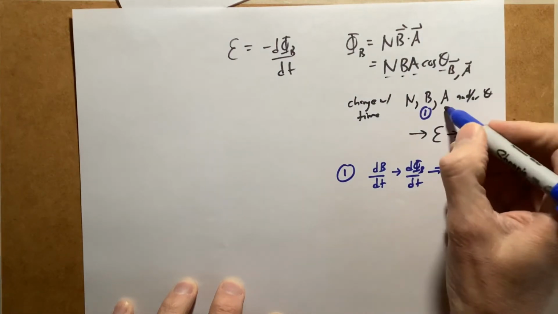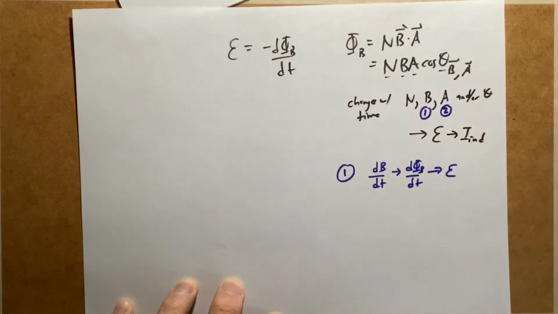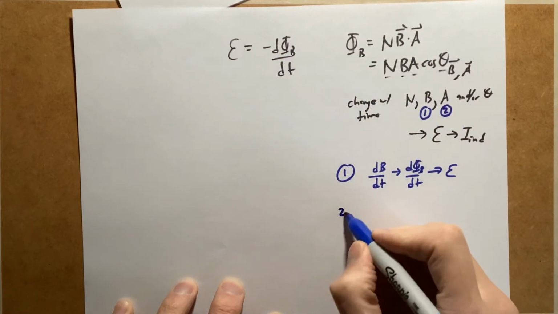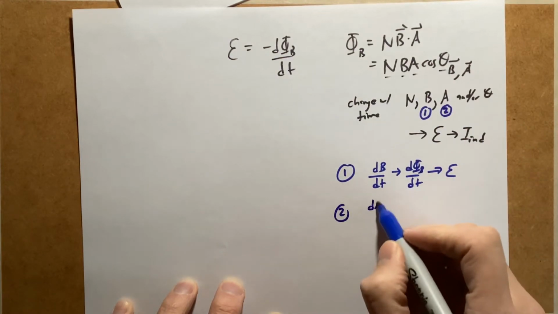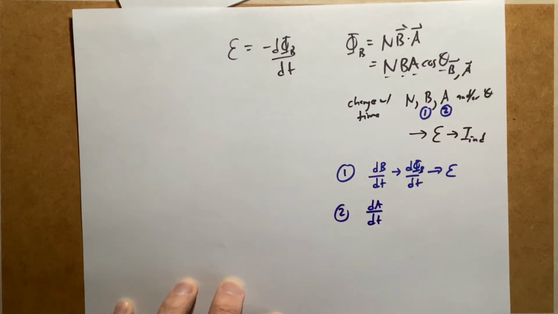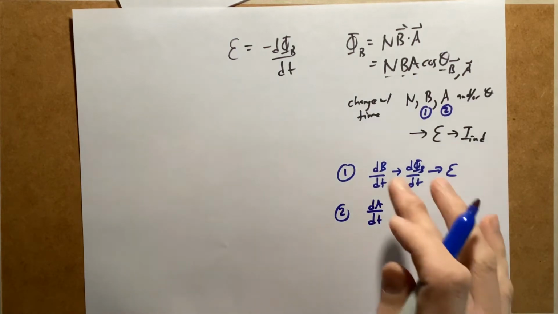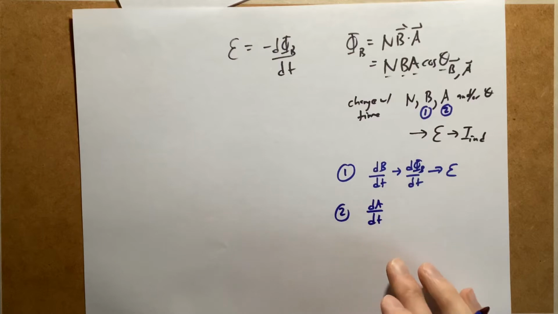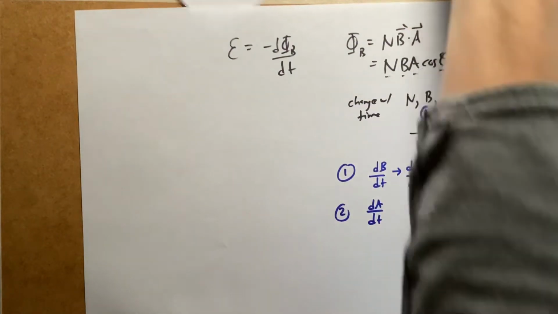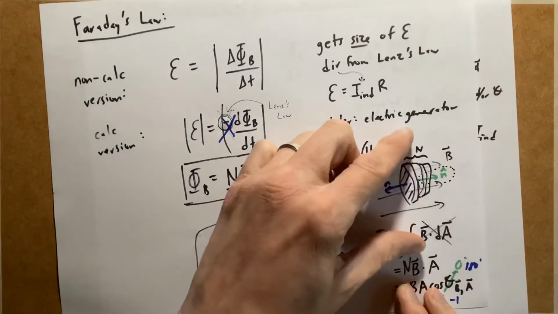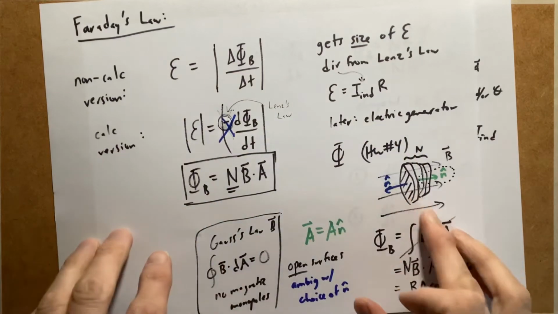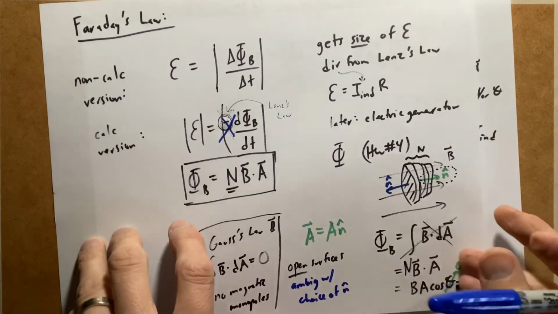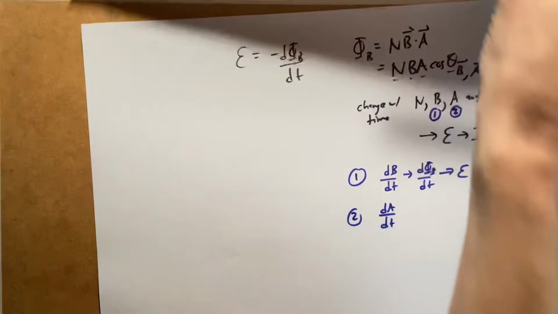The second possibility would be the area of the catcher actually changes with time. So if you have a change in area with time, it's not that the field itself is changing, but the reason your flux is changing is because this catcher itself is changing. So you're catching more or less flux with time. You're sort of evolving the shape of the catcher.